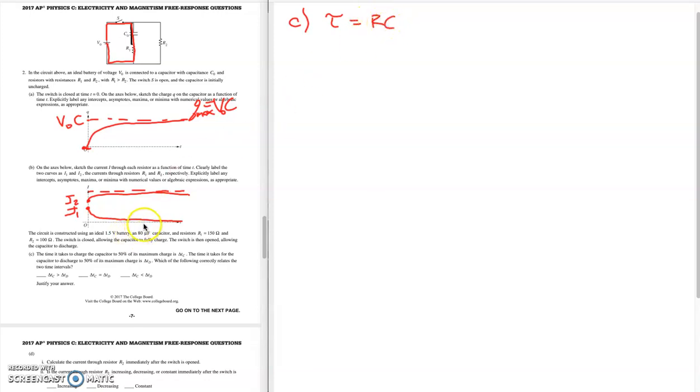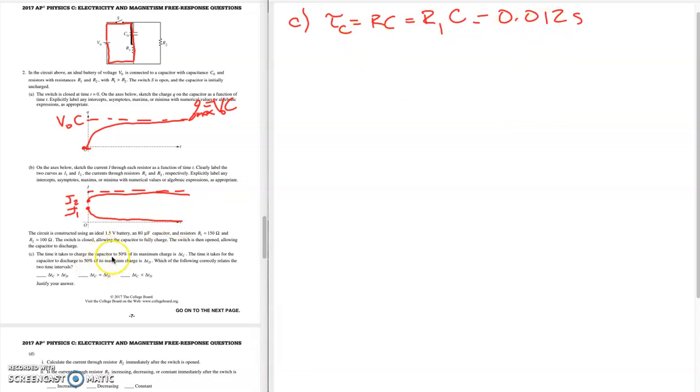For charging, resistor 2 is in parallel. It's not included in this time constant. It's resistor 1 that is included there. So for charging, we're going to have R1 times the capacitor, and when you plug in numbers, you're going to get 0.012 seconds for the time constant.